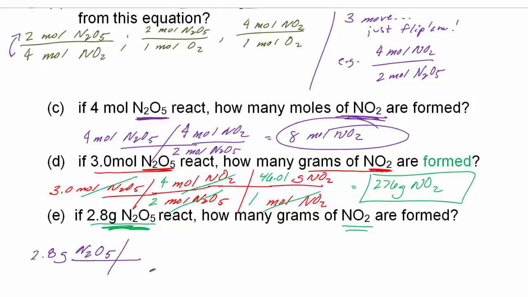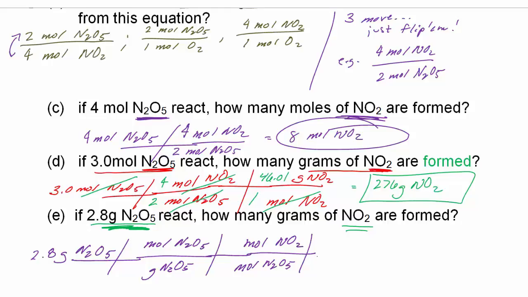All right. So first we'll need to get it into moles of dinitrogen pentoxide, and that's molar mass. Now we're in moles. We'll use the mole bridge to get it into the right compound, and that's nitrogen dioxide.